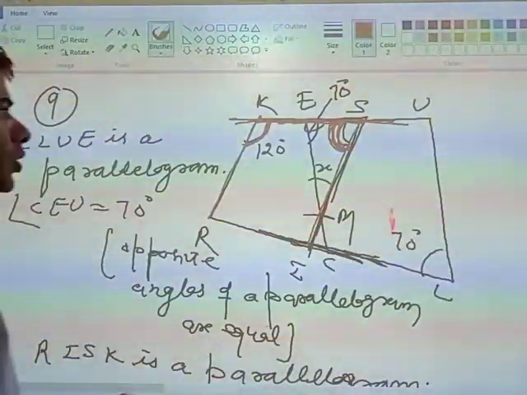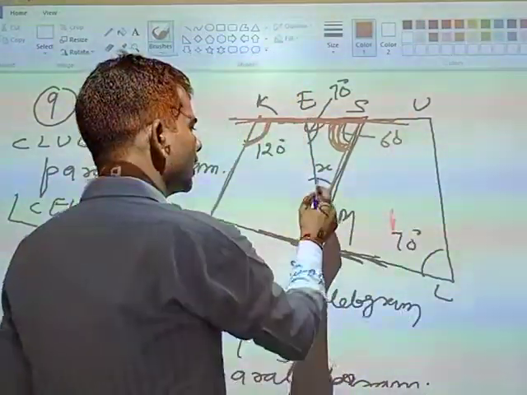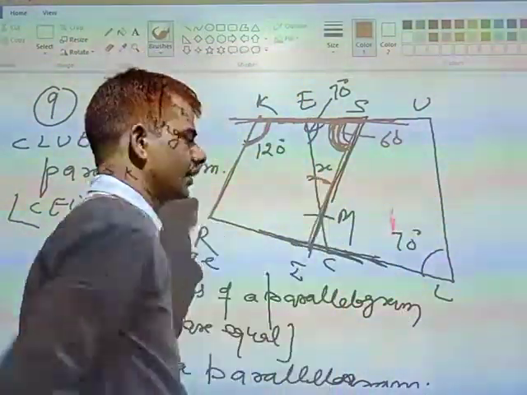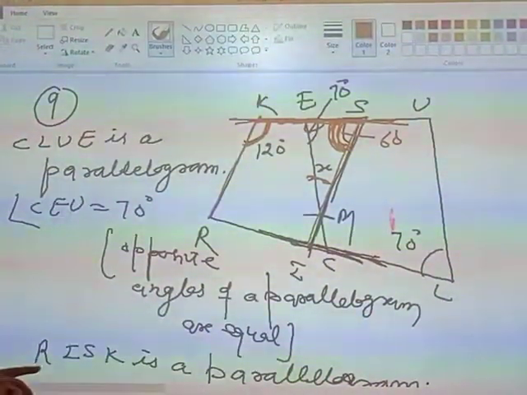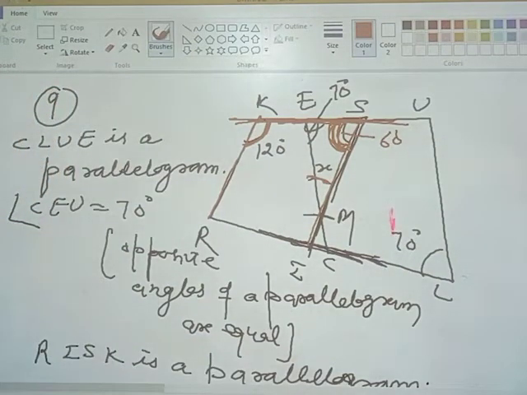Now, students, it is your 70 degrees, it is your 60 degrees. Now we have to find the value of x. Please tell me how can you find the value of x? A triangle has formed, so the sum of all the interior angles of the triangle is 180.